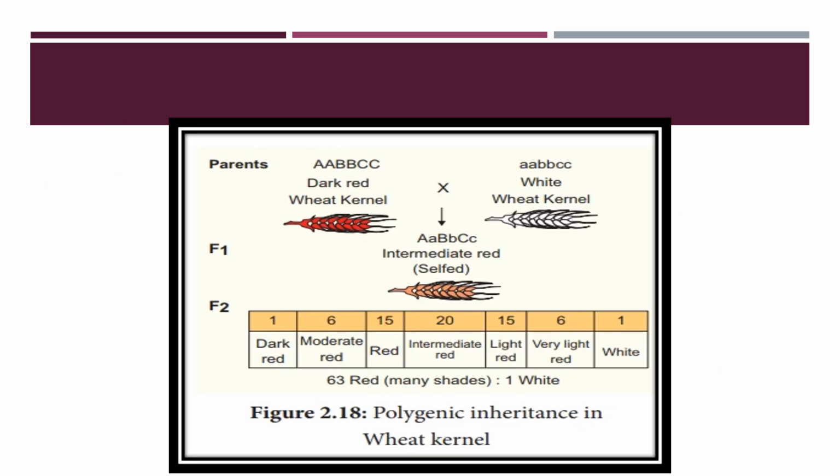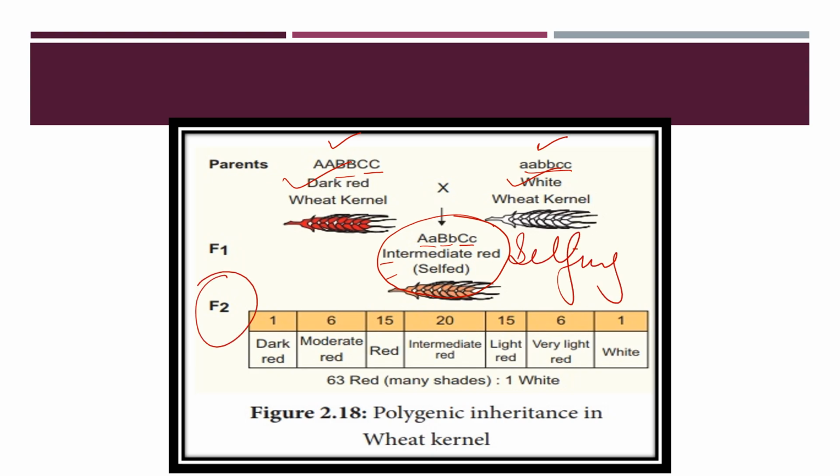Now let us see, this is the parent kernel, this is capital A, capital B, capital C, small a, small b, small c. So there is a dark red wheat kernel and the white kernel, which after crossing gives the intermediate red, or capital A small a, capital B small b, and capital C small c. Now in the F2 generation, after selfing, what we are getting is 1 dark red, 6 moderate red, 15 red, 20 intermediate red, 15 light red, 6 very light red, and 1 white.